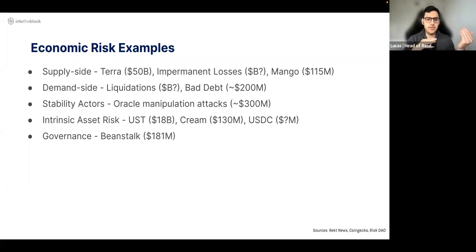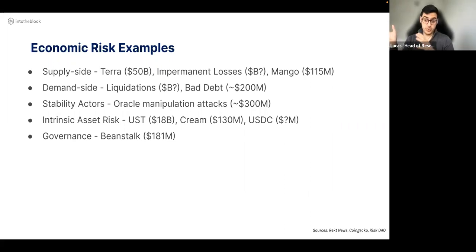And there's also intrinsic asset risks to keep in mind, especially when assets don't operate in the most normal ways. UST, again, a good example there. Cream was exploited due to a supported token that wasn't like an ERC20, was a different type of token, and had some issues that led to an exploit.